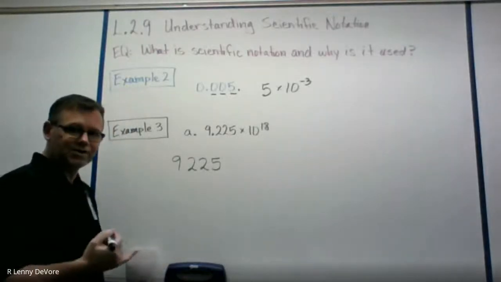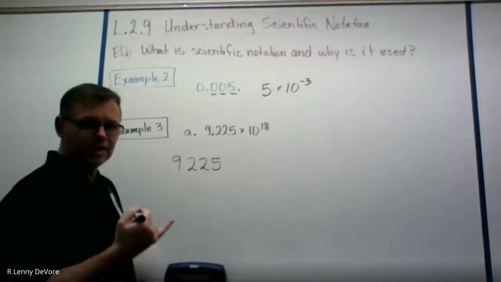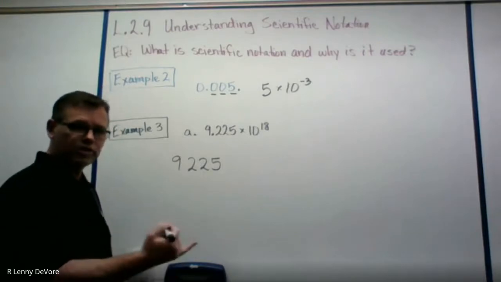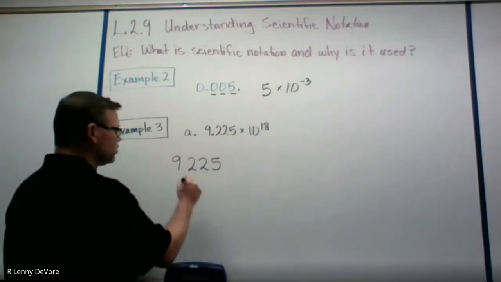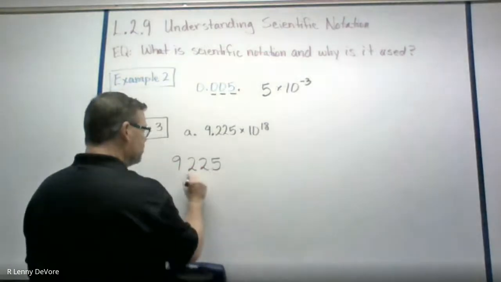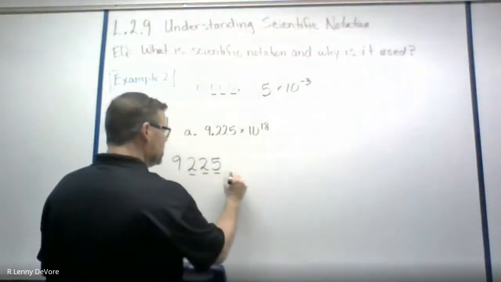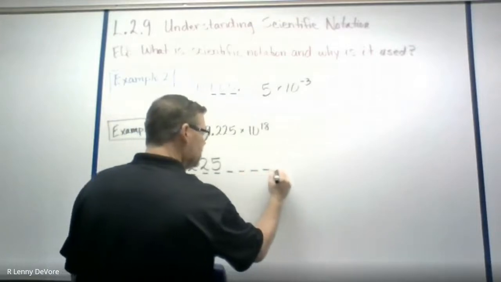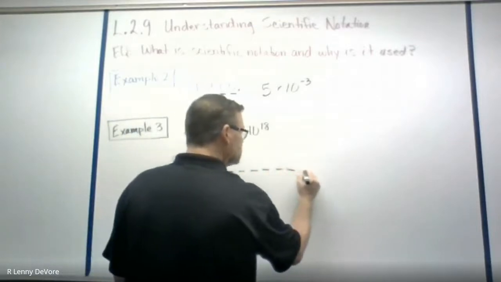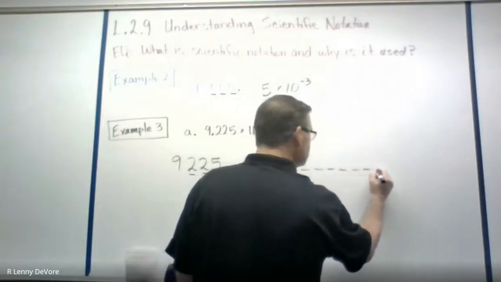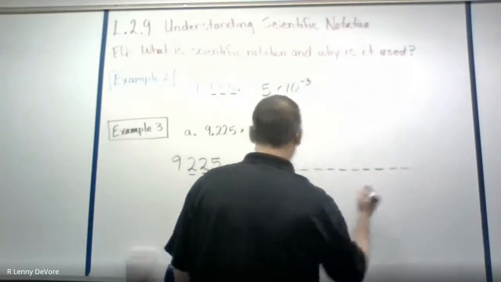So the best way to do this is to actually put dashes down, and then we go through and fill those dashes in with zeros. So in other words, the decimal is right here, so I'm going to move it this way. So I move it 1, 2, 3, 4, 5, 6, 7, 8, 9, 10, 11, 12, 13, 14, 15, 16, 17, 18.